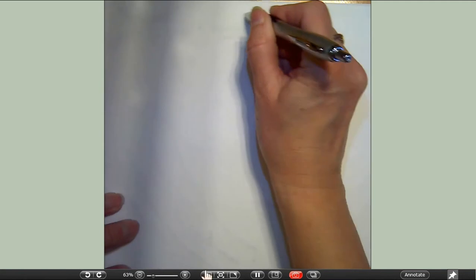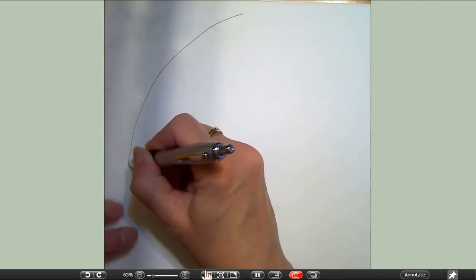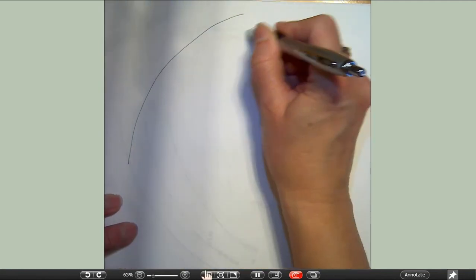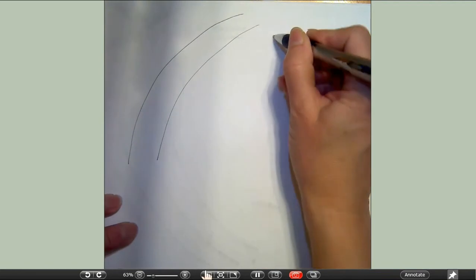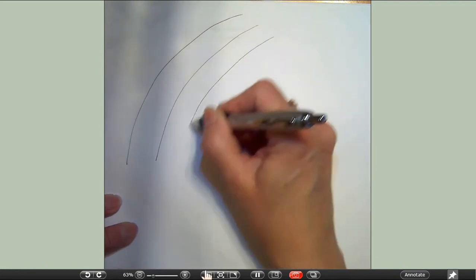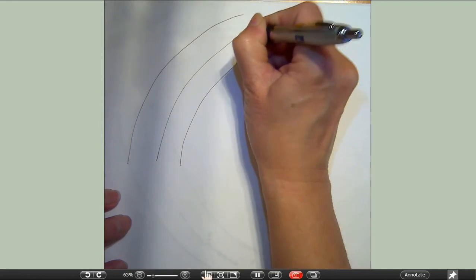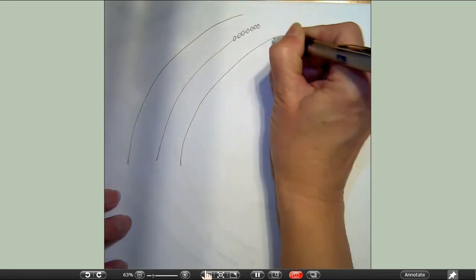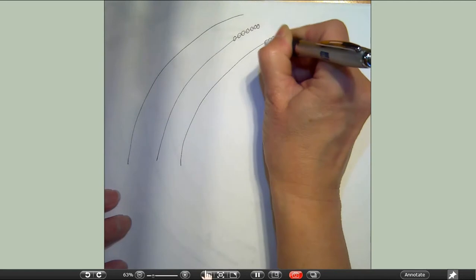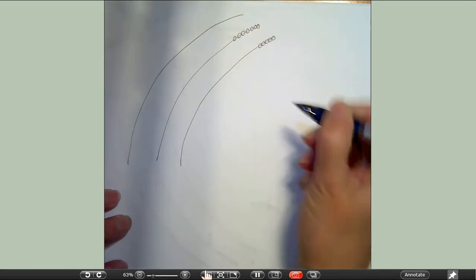The thylakoid has an outer membrane and an inner membrane. Now the way I've drawn it here, it makes it look like there are three membranes. But I want you to remember that the membrane has an inside and an outside phospholipid layer.